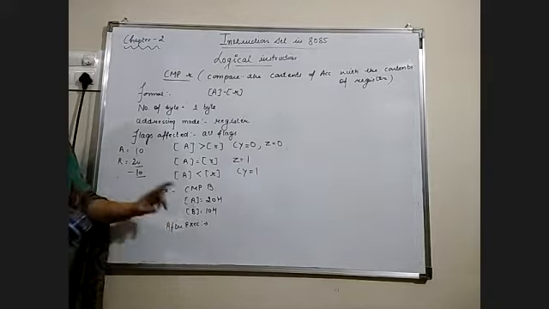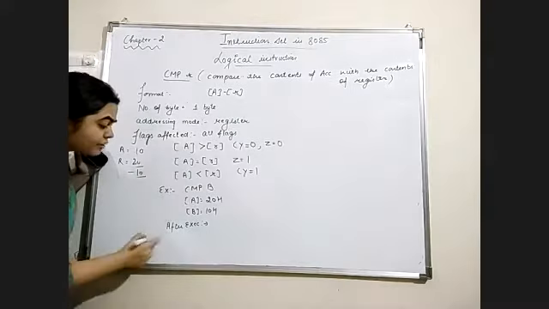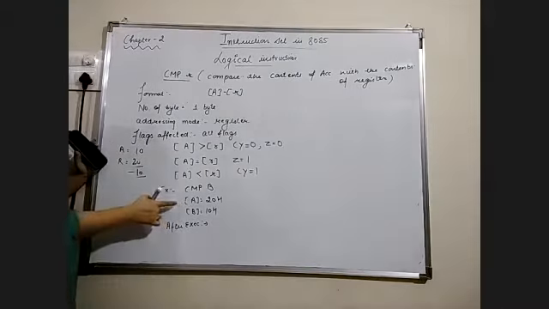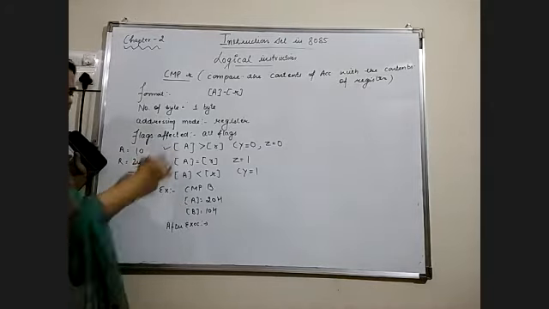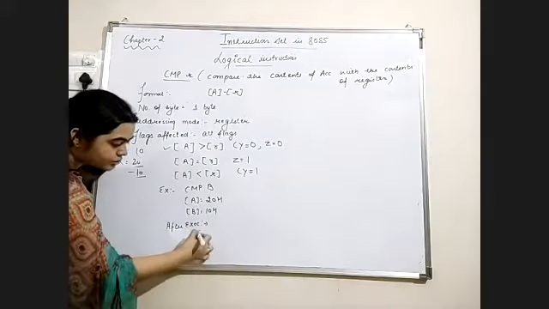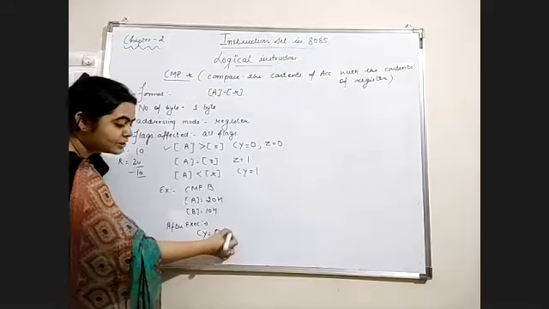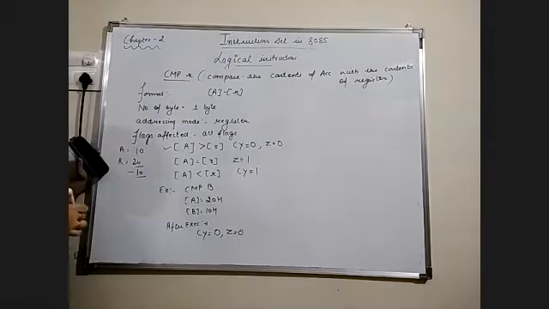Only the flag register values will change. Now which condition is satisfied? The condition where the contents of the accumulator are greater than the contents of the register. So according to this, after execution, the carry flag is equal to 0 and the zero flag is also equal to 0. Okay.